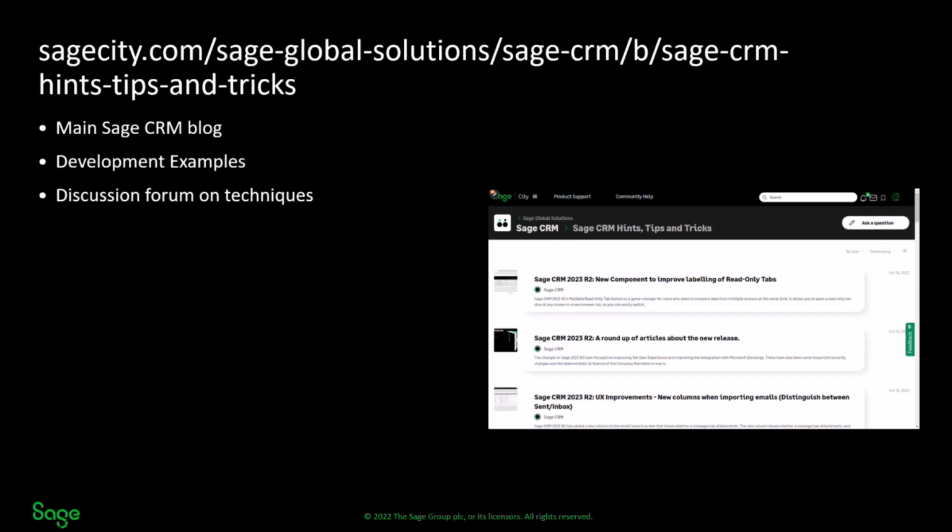But another source of information is found, of course, on Sage City. Sage City is a dynamic resource in the sense that it's constantly being added to by people like myself or David Beard, who are writing useful articles, and my support colleagues who are also contributing articles explaining how certain things work.